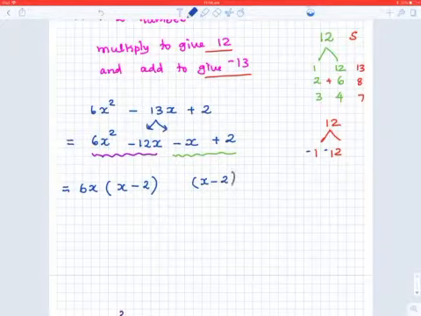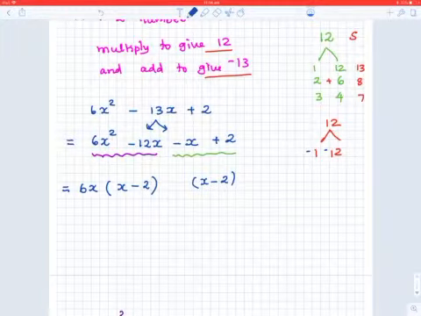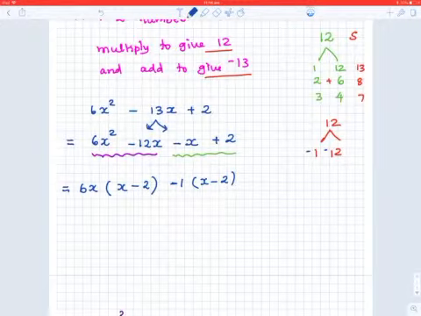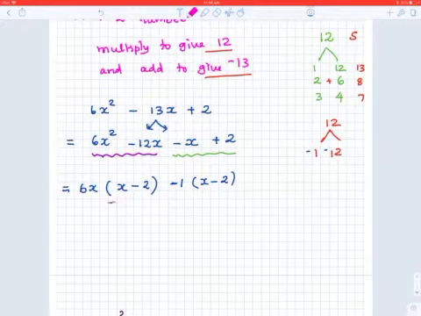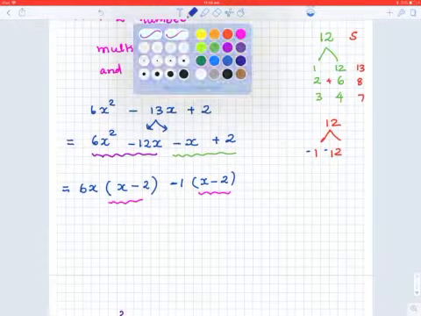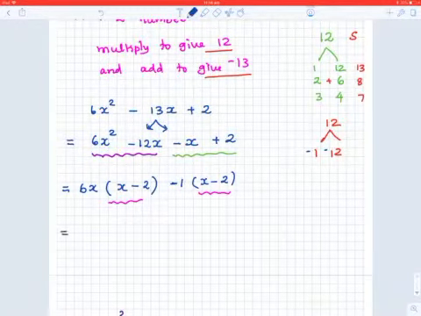Now you must have x minus 2 here, only then can we take things out. To have that, because it's minus x, I must have minus 1, which makes it minus 1 times x. Now when you look at it, x minus 2 is a common factor, so I'm going to write that out.